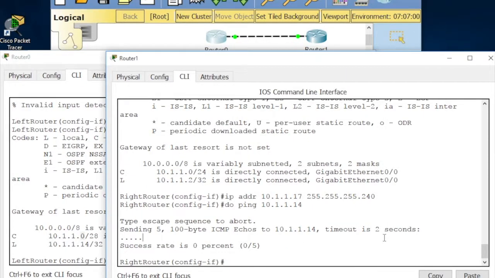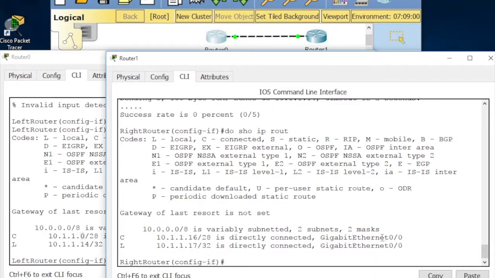Let's see what I've got on the right hand router. Aha, we see here equally I have a /28 network, but because of the address that I placed on the interface, it is now in the .16 network, so the second subnet.